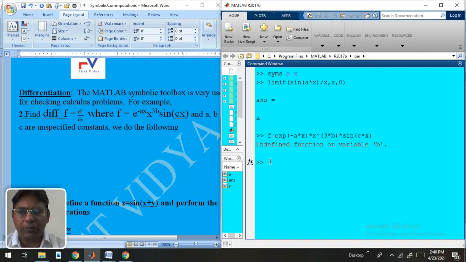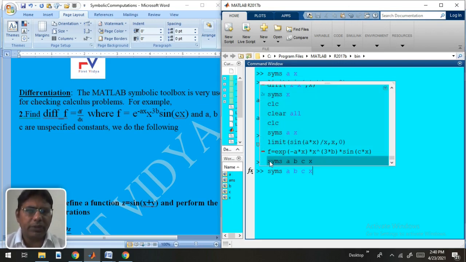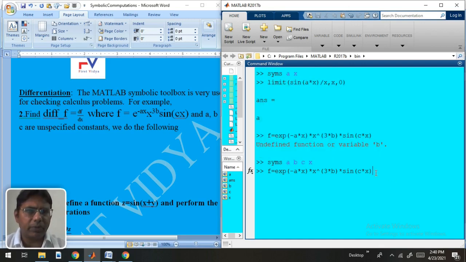So first thing we have to give syms. First thing we have to define all the symbolic parameters. So here let's define a, then b, then c, then x, and then we will take up the same command we used last.